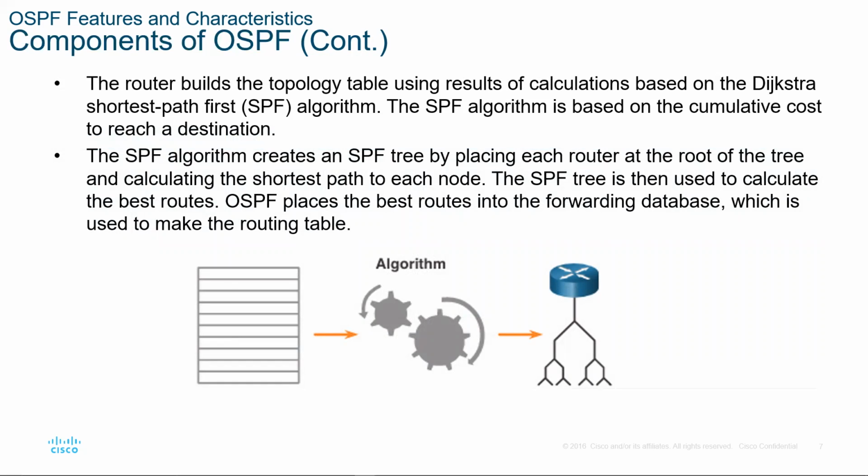All right, so you have all your lists of your paths or your networks, goes through the algorithm and it builds this little tree, a picture of the network, and it works out the cost to get to any point in the topology. And it takes the best path and puts it into the forwarding database. And these are then presented for the device's routing table.